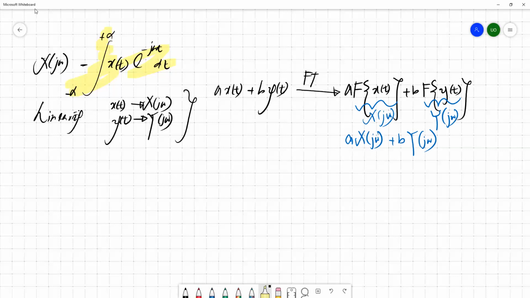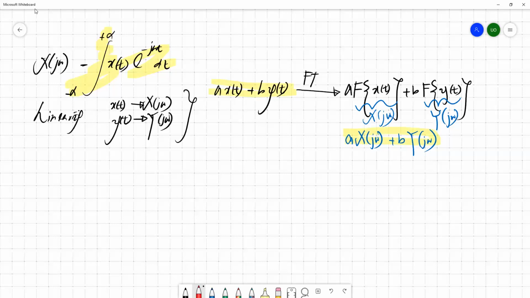So if you have this kind of linear combination of x(t) and y(t), and the individual Fourier transforms of x(t) and y(t) are X(jω) and Y(jω), you can immediately get the Fourier transform of this linear relationship like this.